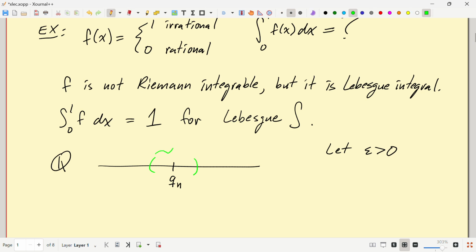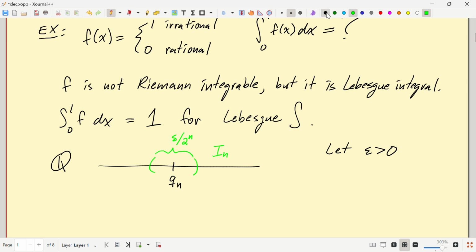So epsilon is small, and when I divide it by 2 to the n, it's even smaller. Let's call that interval I sub n. It's an open interval of length epsilon over 2 to the n.